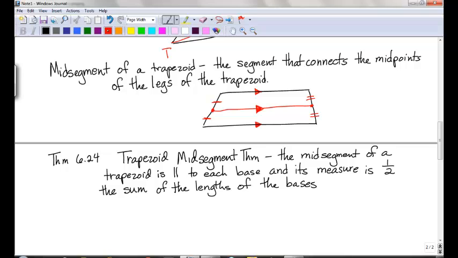Go up here on your picture and label this A, B, C, D. Label this midpoint E and this F. Then EF equals 1/2 the sum of the lengths of the bases. So 1/2 of AB plus DC. You add those two bases together and take 1/2 of it and you've got the mid-segment.